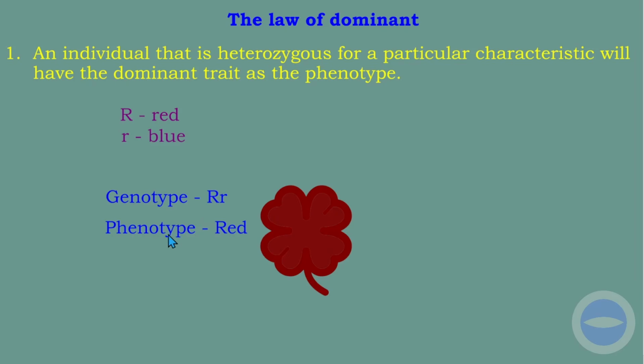But what we will see is red. Even though we have a blue allele here, we won't see the blue color. The blue color will just be there in the genotype. But what will be expressed is red, because red is dominating. So that is what the law says. If you have a heterozygous situation, the dominating allele is the one that will be the phenotype. So here phenotype is red.